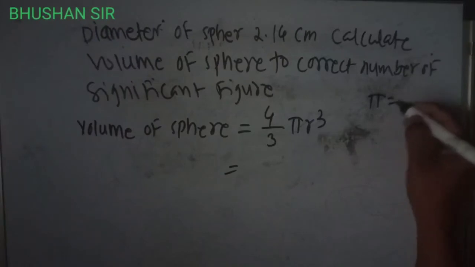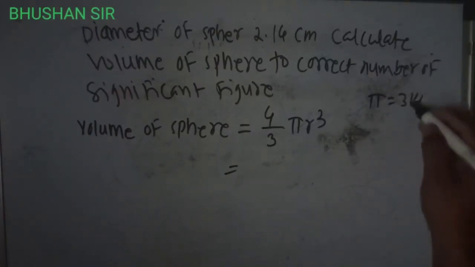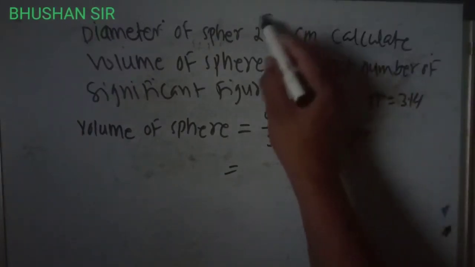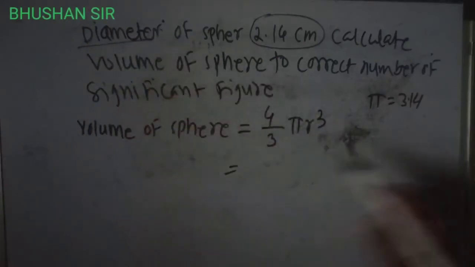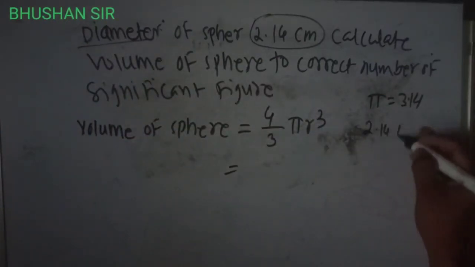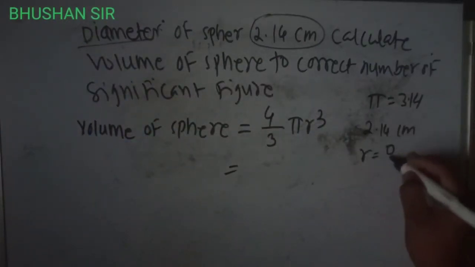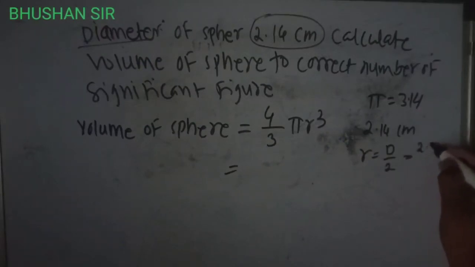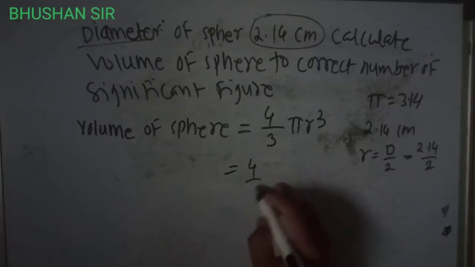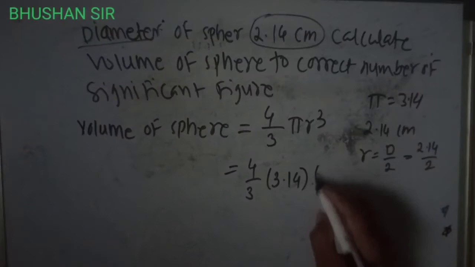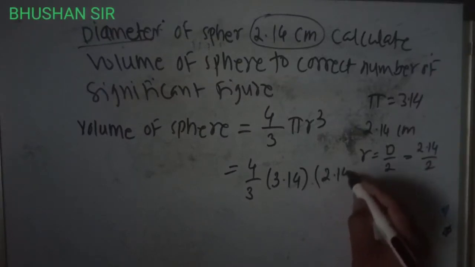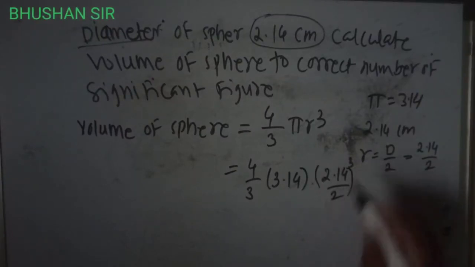The value of pi is equal to 3.14. Then the volume of the sphere: the diameter is 2.14 centimeter. So r is d upon 2, equal to 2.14 upon 2. So we can write 4 by 3 into 3.14 into (2.14 by 2) bracket cube.